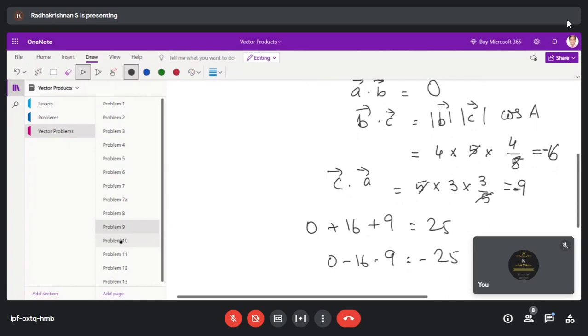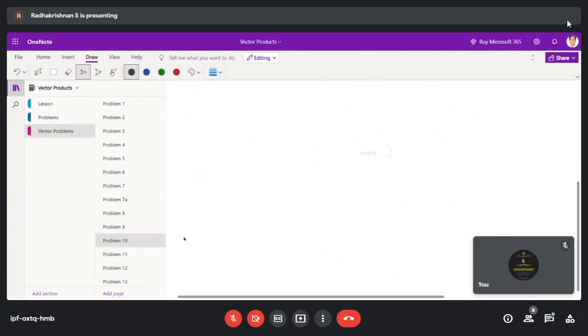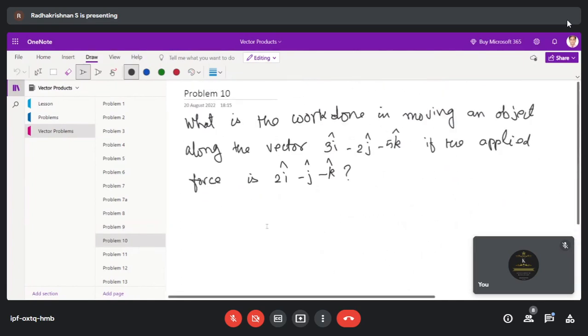Okay. So let's go to the next problem. What is the work done in moving an object along the vector 3i minus 2j minus 5k if the applied force is 2i minus j minus k?